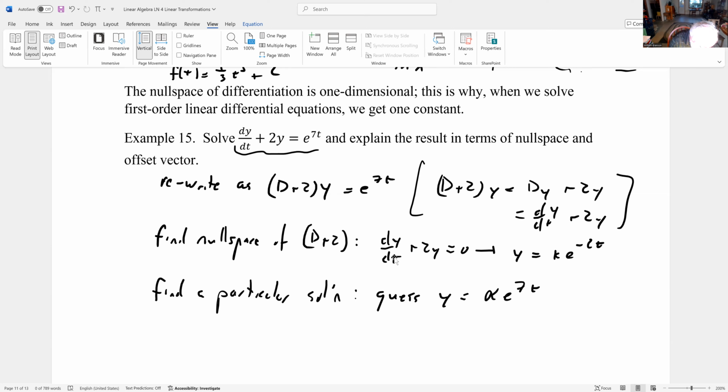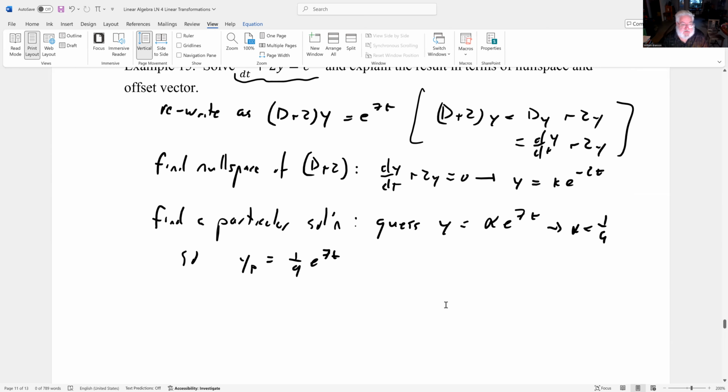And the particular solution is 1/9. So the particular solution is y sub p equals 1/9 e to the 7t. So what is the solution to our equation?